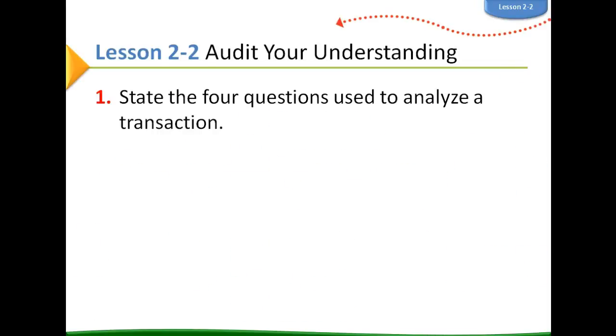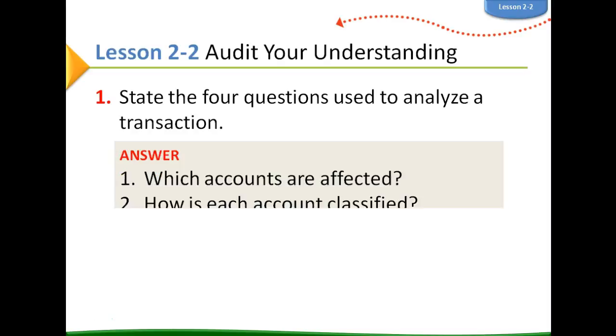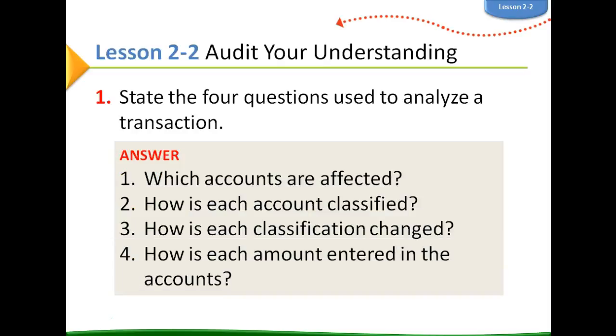All right, so the 4 questions that we need to use to analyze a transaction. What you want to be thinking about every single time you post a transaction or every single time that you create one of these. What accounts are affected? How is the account classified? Is it an asset, a liability, or owner's equity? How is the classification changed?